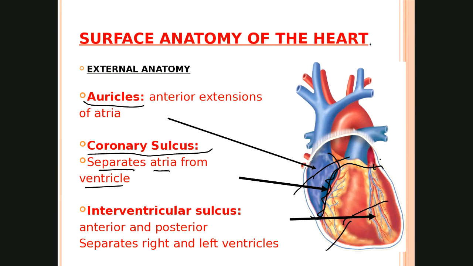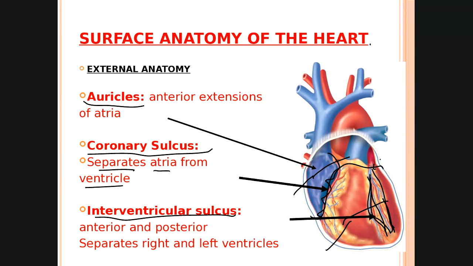In between the right and left ventricles, there is a wall which can be distinguished on the surface by a sulcus. This is the interventricular sulcus. This is the anterior and posterior sulcus that separates the right and left ventricles. So here we can see the anterior interventricular sulcus, we turn the heart around and we'll see the posterior interventricular sulcus.